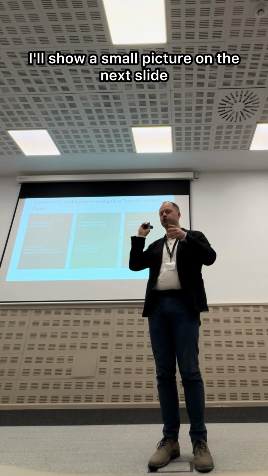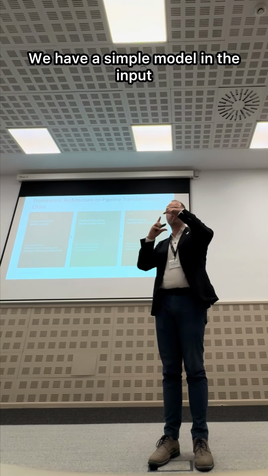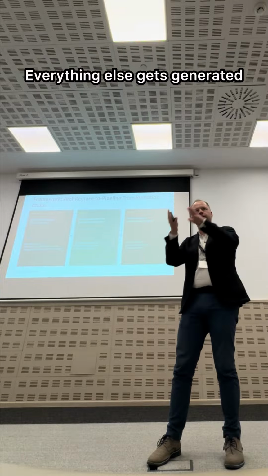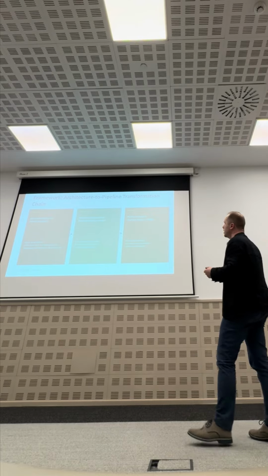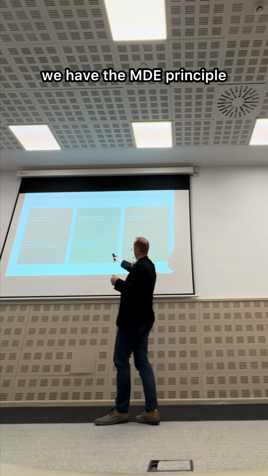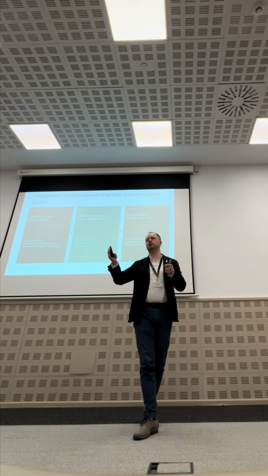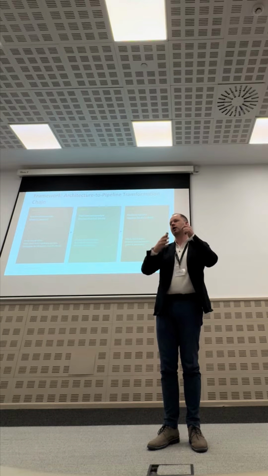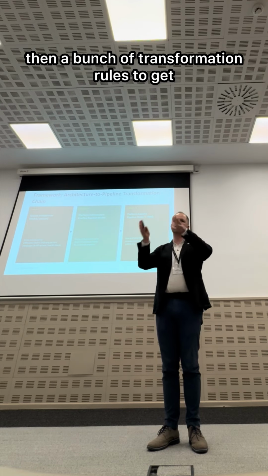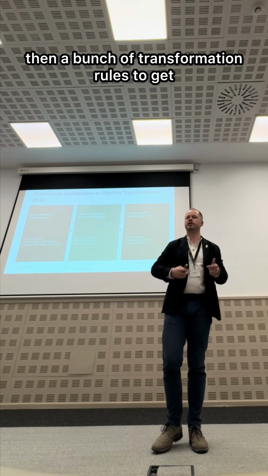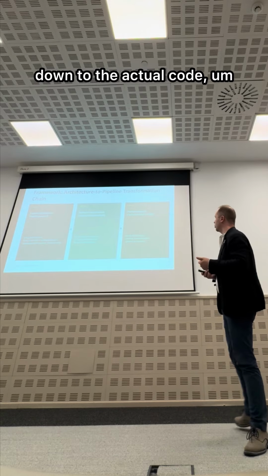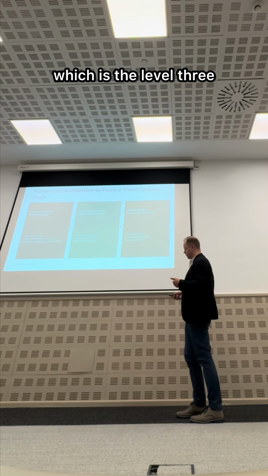I'll show a small picture on the next slide. We have a simple model in the input. Everything else gets generated. So at the second layer, we have the MDE principle where we have the platform-independent model, then the platform-specific model, then a bunch of transformation rules to get down to the actual code, which is level 3.